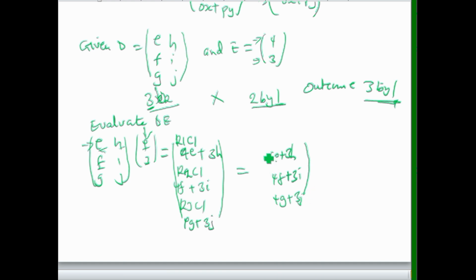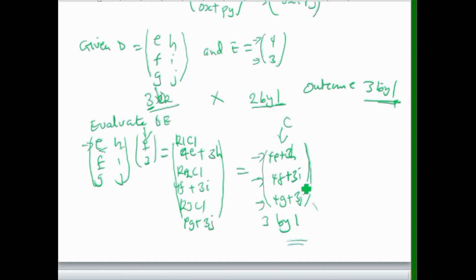You can see this result is a 3 by 1 matrix, because the number of rows is 3 and there is 1 column, as simple as that.